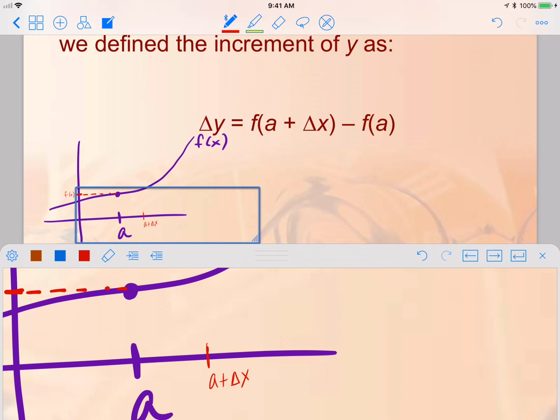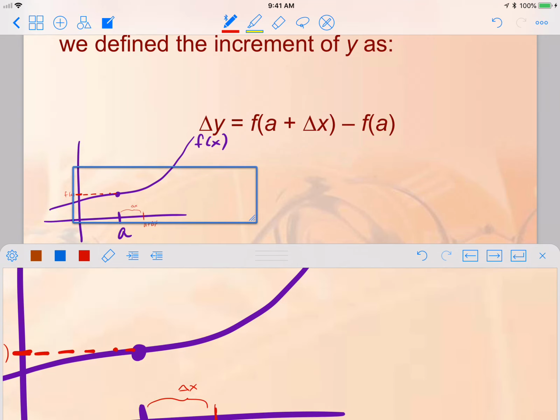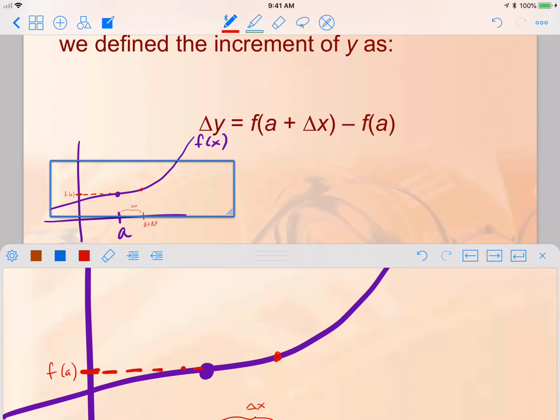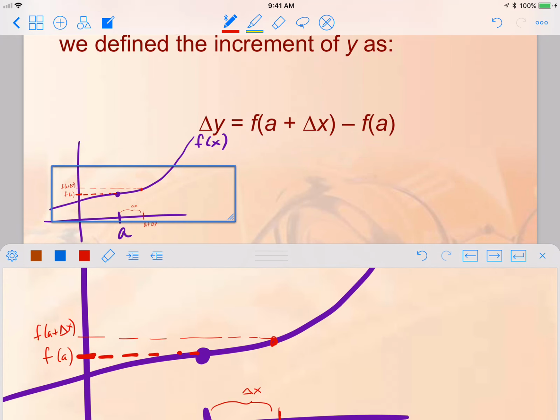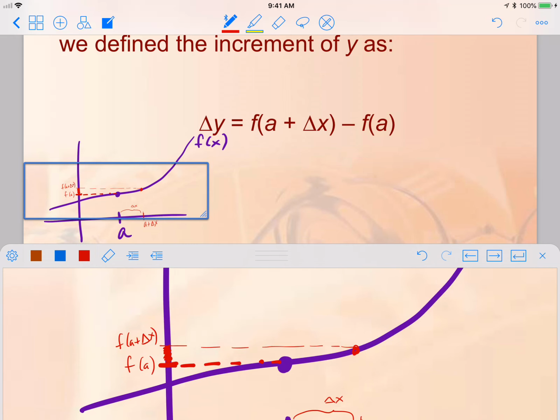So this distance is delta x. Then this would be f of a plus delta x. And the increment in y is the distance f of a plus delta x minus f of a. Okay, so that is delta y.